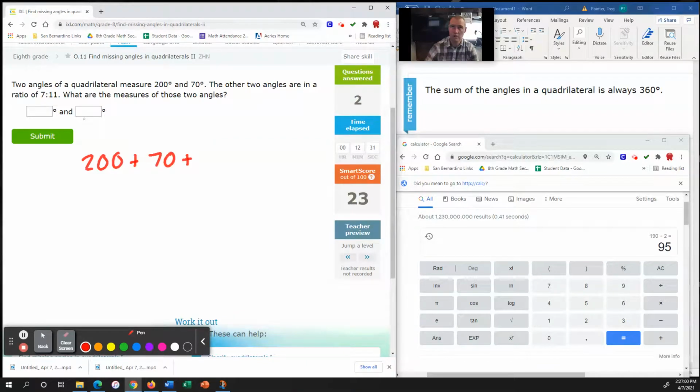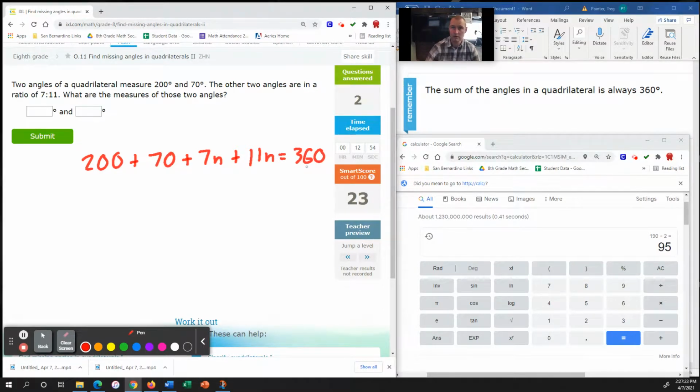Plus, well, we have a ratio of 7 to 11, which means one angle is 7n and the other angle has to be 11n. Which means these two angles are not the same because this one angle is a little bit larger than the 7n. And all that's got to equal 360 degrees.